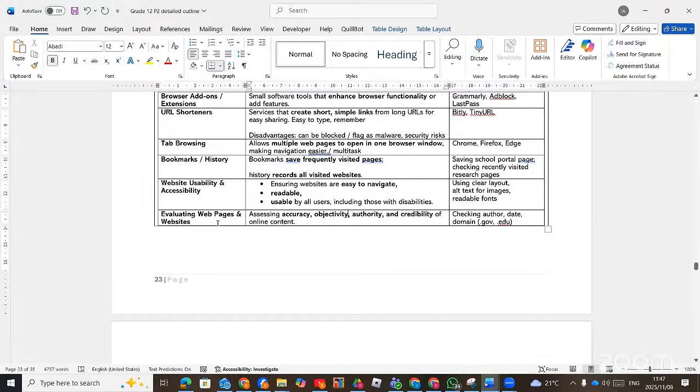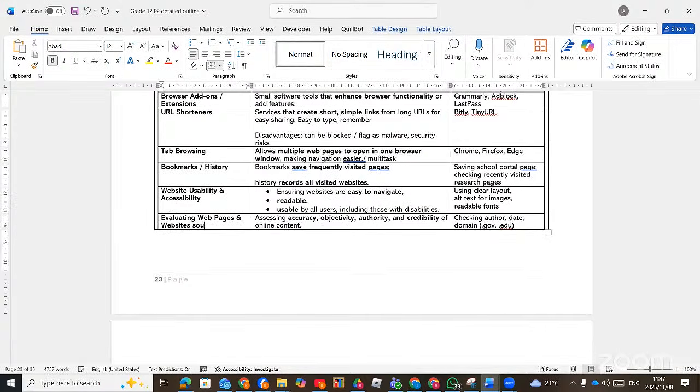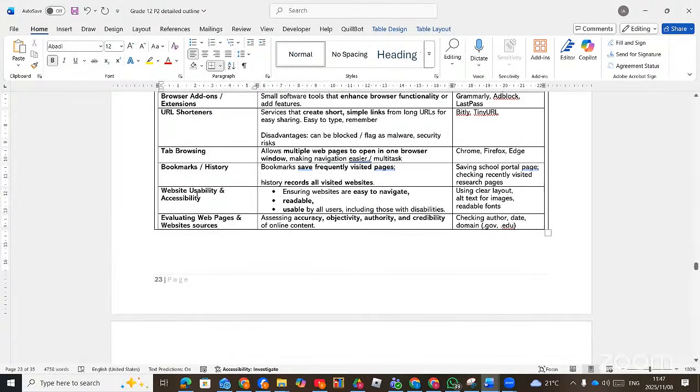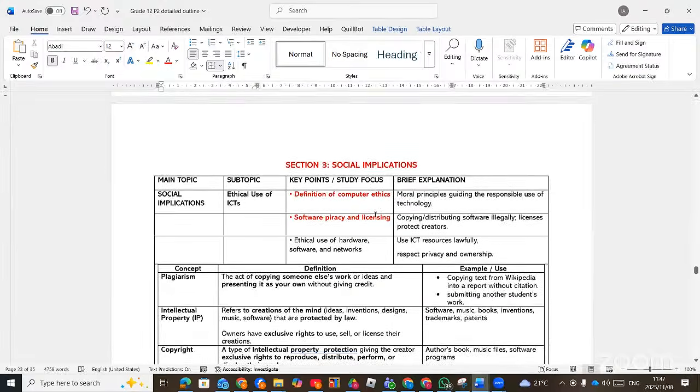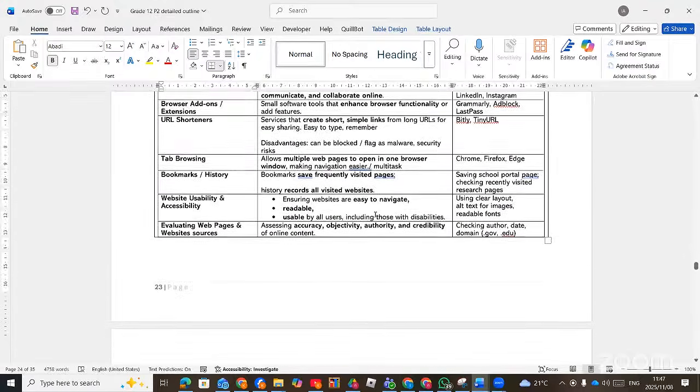That is when you are evaluating the web pages or the website sources. But here, with usability, you are evaluating the website, whether it's suitable or not. That's when you look at the font, the layout. Right. That is all about internet and network.